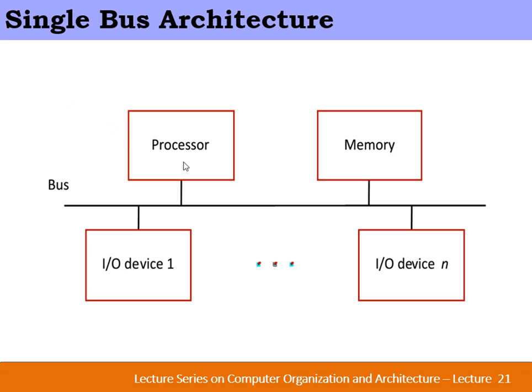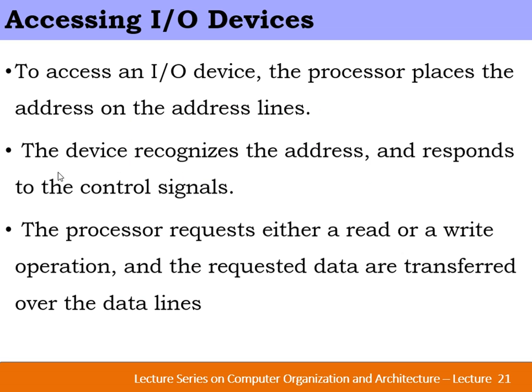In a single bus architecture, at a given point of time only one device can communicate with another, whereas in a multiple bus architecture, multiple devices can be involved in communication or in exchanging the information. So this is regarding single bus architecture.